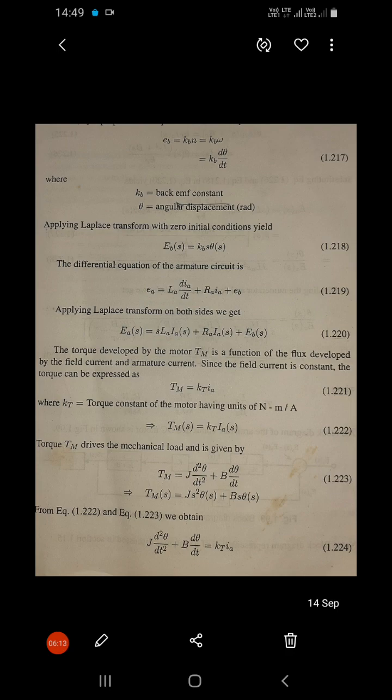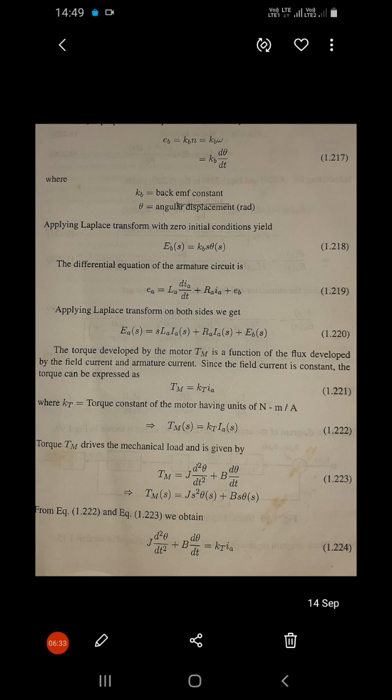Now see, the torque developed by the motor T_m is a function of the flux developed by the field current and armature current. We have already said this in assumption number 1.